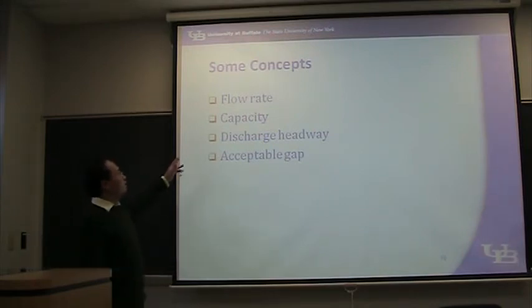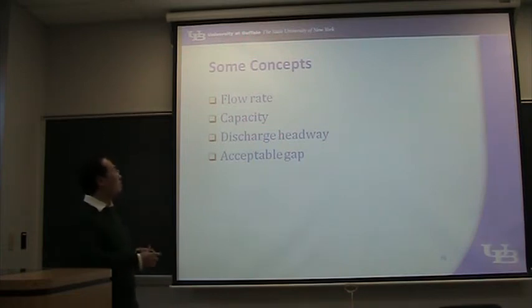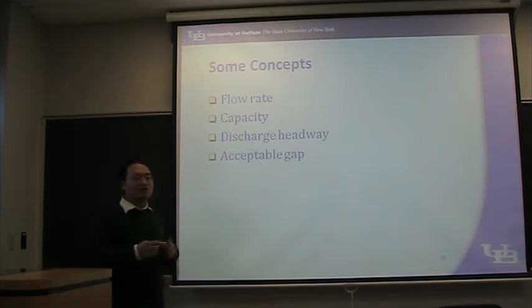Flow rate. So we have volumes on each link, and you already know the concept of volume. But flow rate is very similar to volume. That means how many vehicles are passing a point. But flow rate is different in that it has to convert all kinds of vehicle types into a standard vehicle type, standard passenger car.